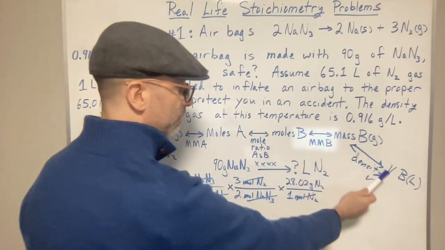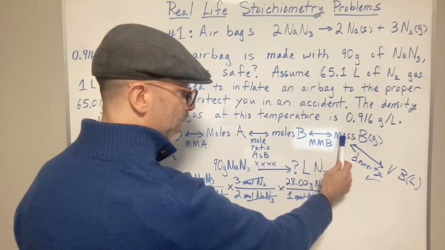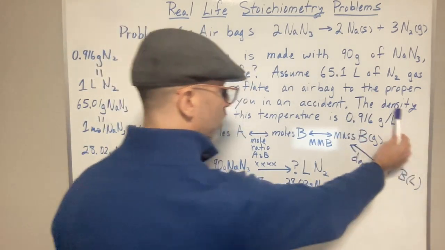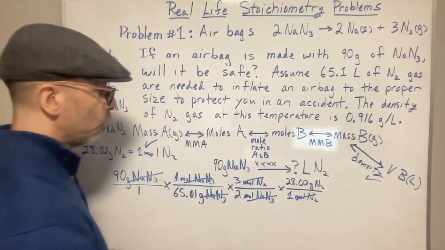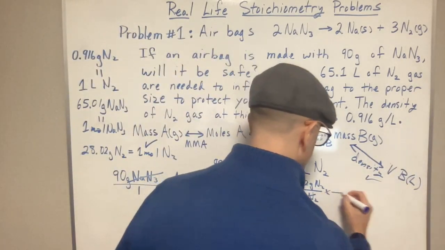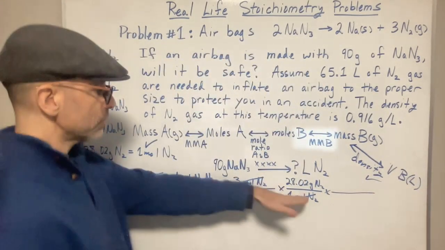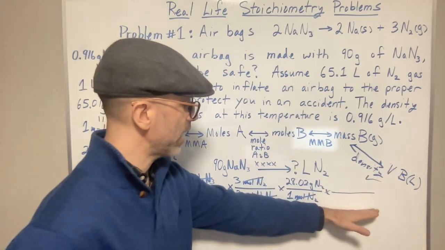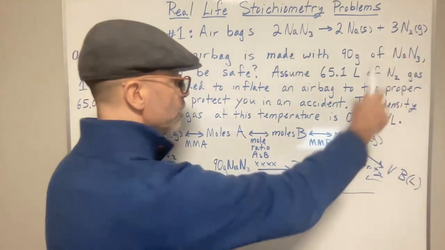My last step, I'm going to go from grams of B to liters of B using the density. So this is where this comes in here. Since I have grams of nitrogen on top, I want grams of nitrogen on the bottom.